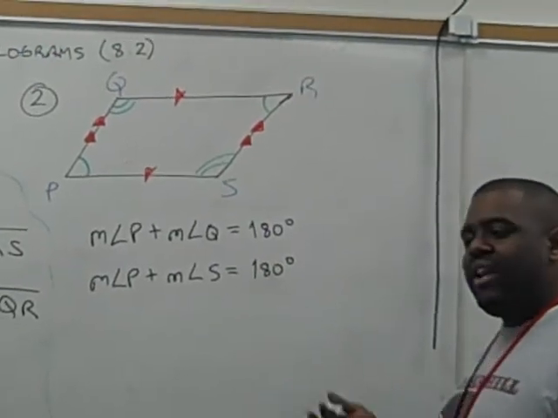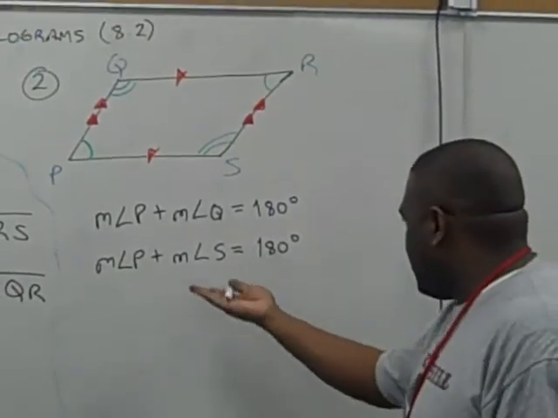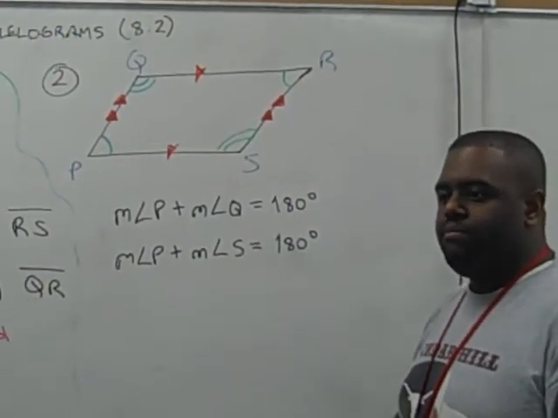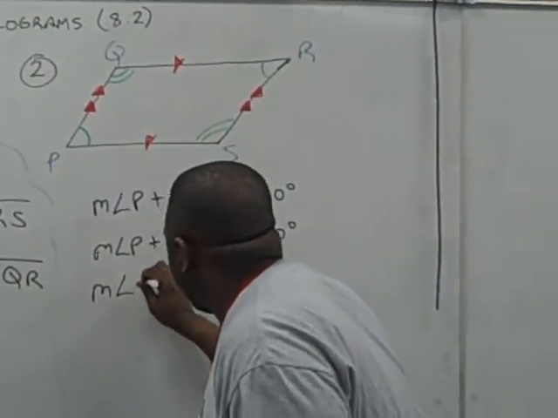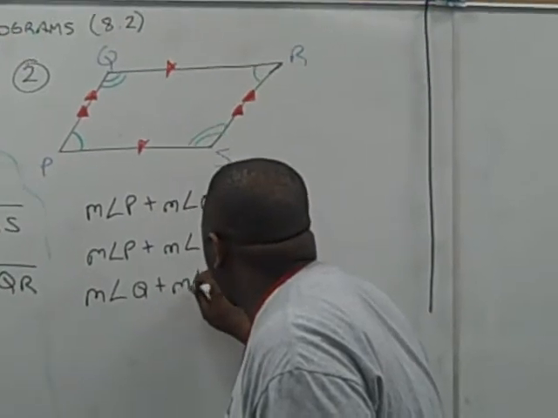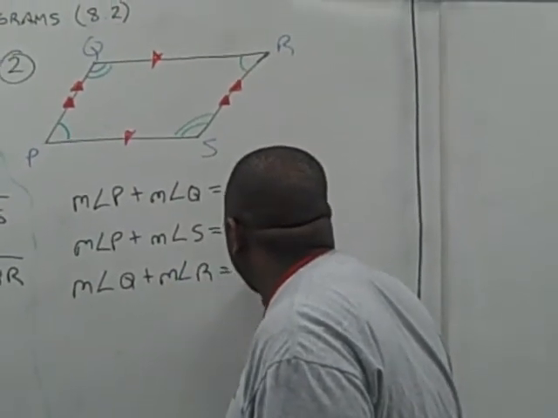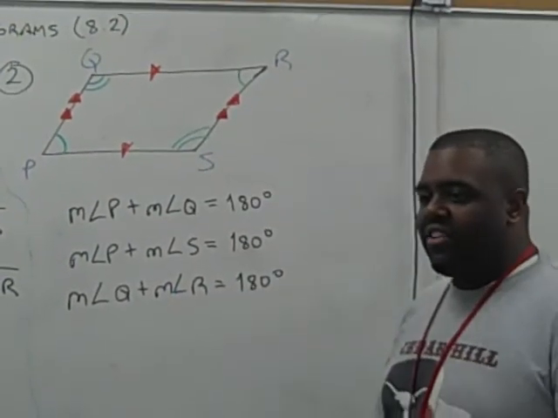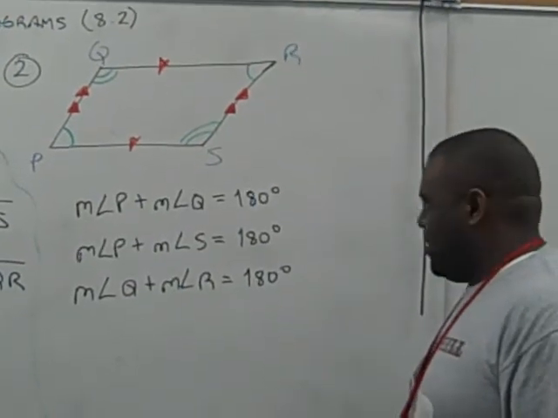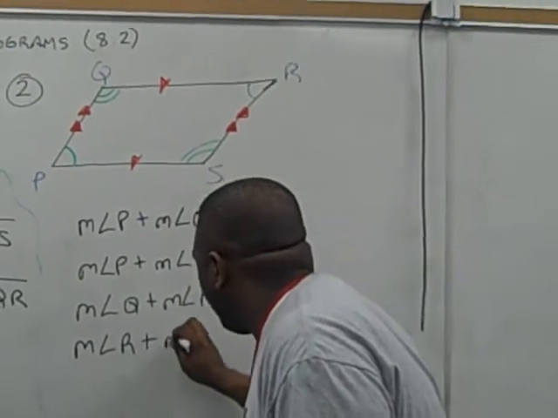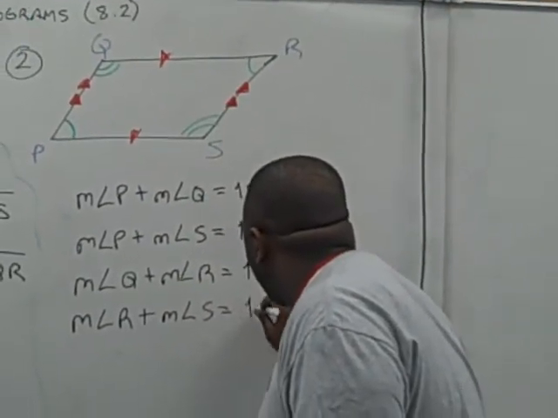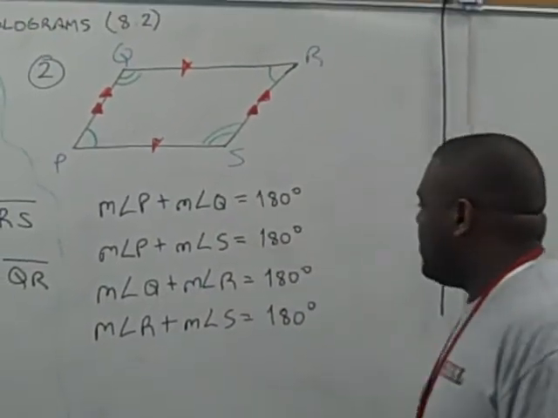All right? Can you name the other two facts based on something like this? Okay. One is that angle Q plus angle R equals 180 degrees. And the last one? Yes. Angle R plus angle S equals 180 degrees.